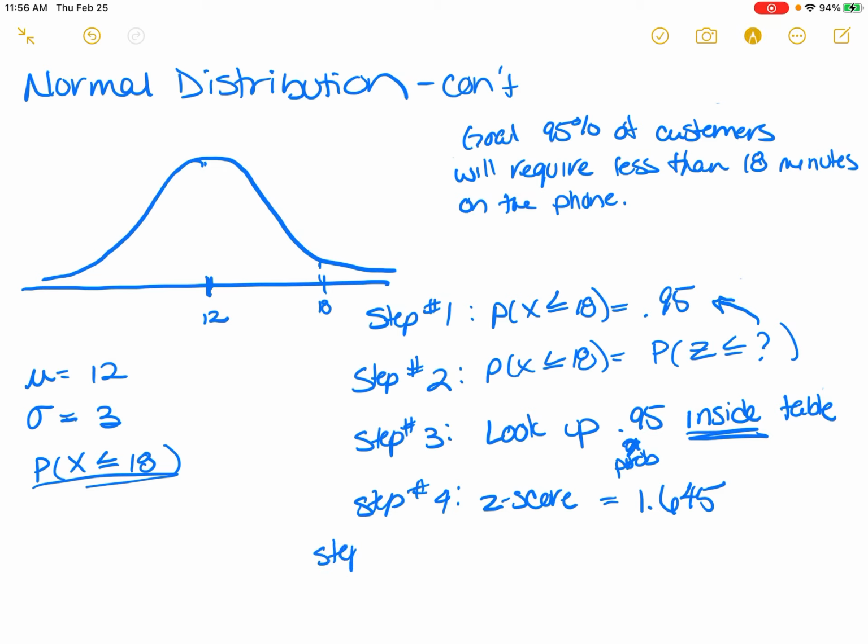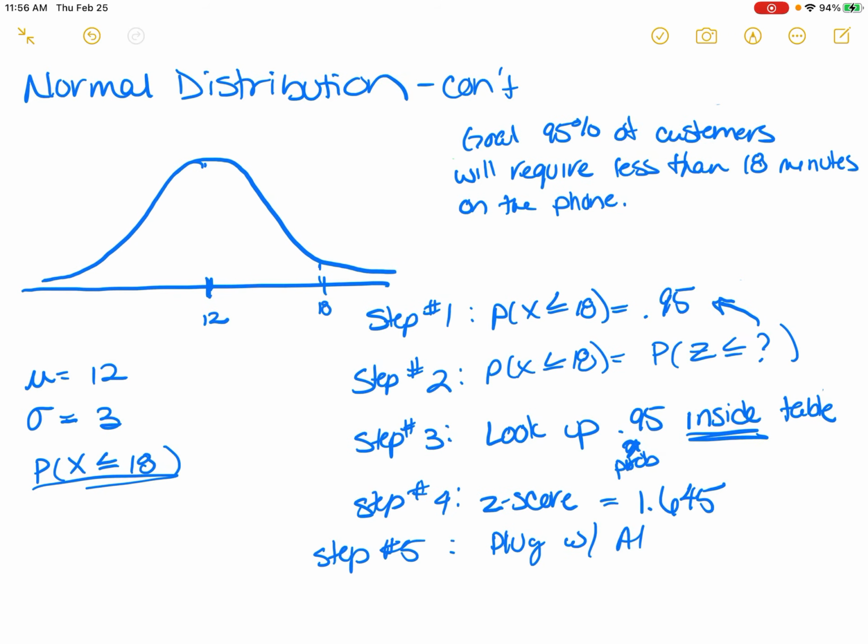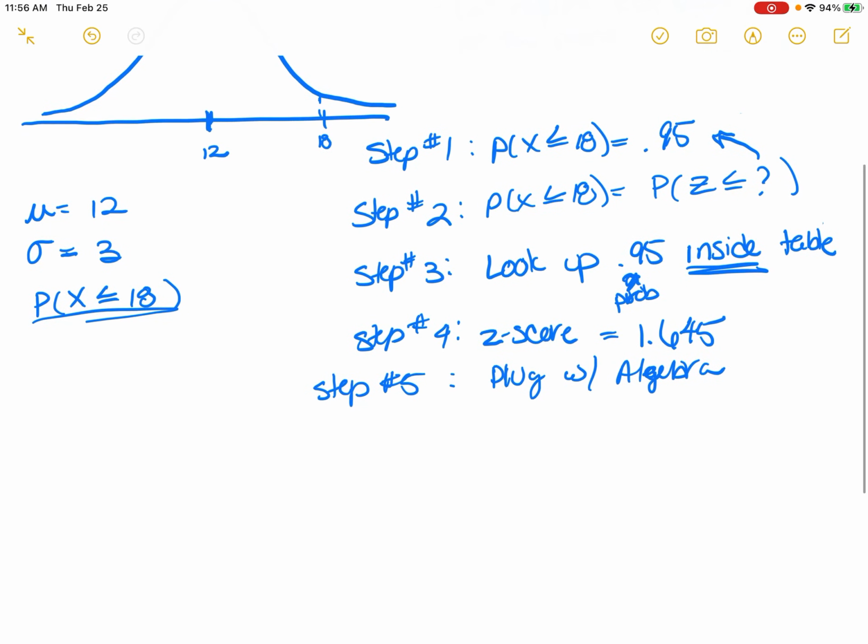So now step five is to plug that in with algebra. So we're just going to use basic algebra to solve this. And so we know that the z-score is equal to x minus mu over the standard deviation, right?